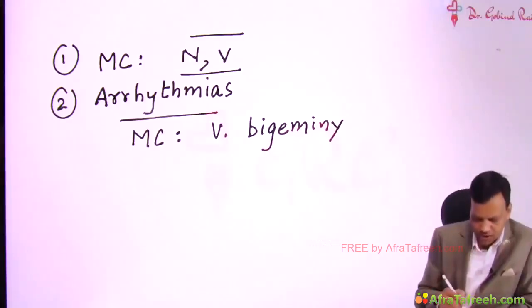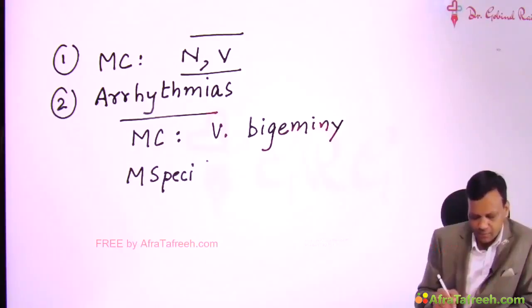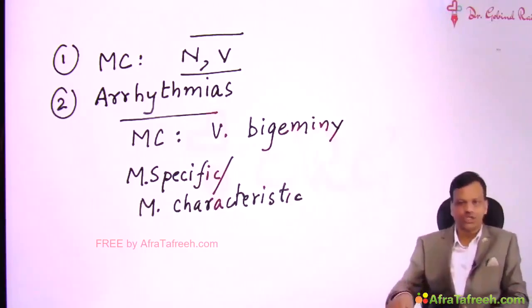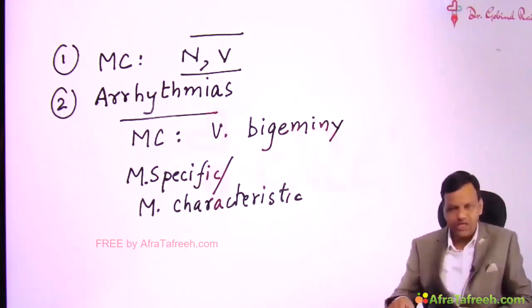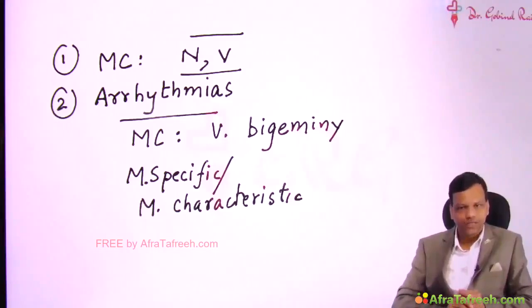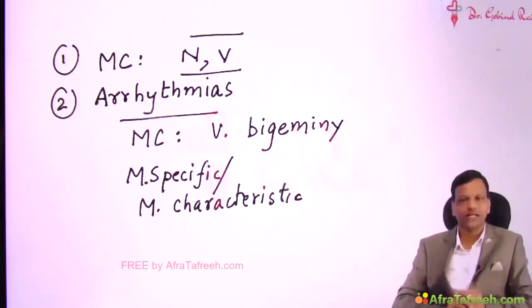The second question asked is, what is the most specific arrhythmia caused by digitalis? Most specific arrhythmia, also called the most characteristic arrhythmia caused by digitalis. First of all, what is the difference between these two questions? Most common arrhythmia means whenever digitalis overdose occurs, it is likely to occur. But this is not caused only by digitalis. Ventricular bigeminy can be caused by 10 other drugs also.